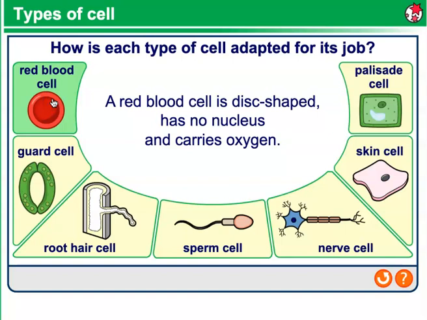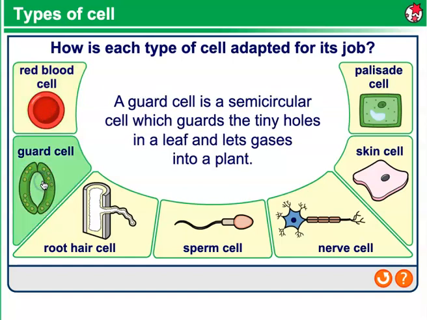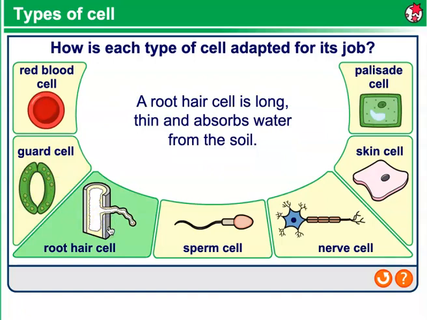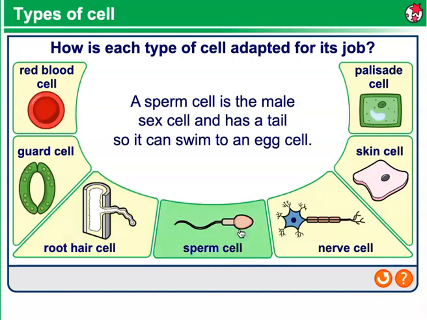A red blood cell is a disc-shaped cell that has no nucleus and it carries oxygen. A guard cell is a semicircular cell which guards the tiny holes in a leaf and lets gases into a plant. Root hair cells. A root hair cell is long, thin, and absorbs water from the soil. Sperm cells.